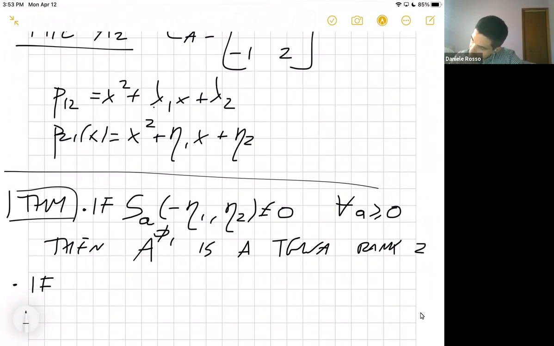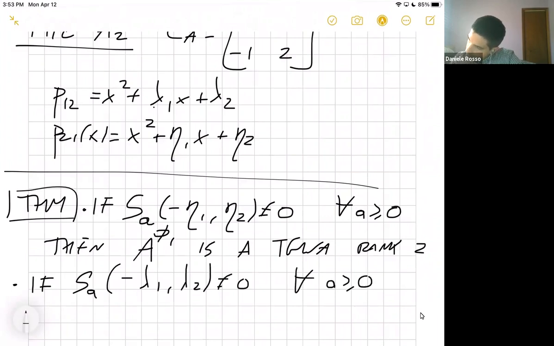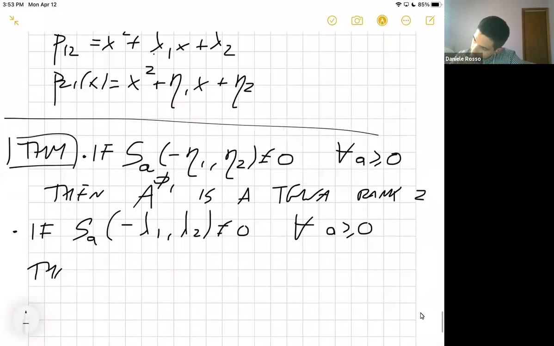And if the same happens to the other ones, then A upper phi 2 is a TGWA of rank 2.